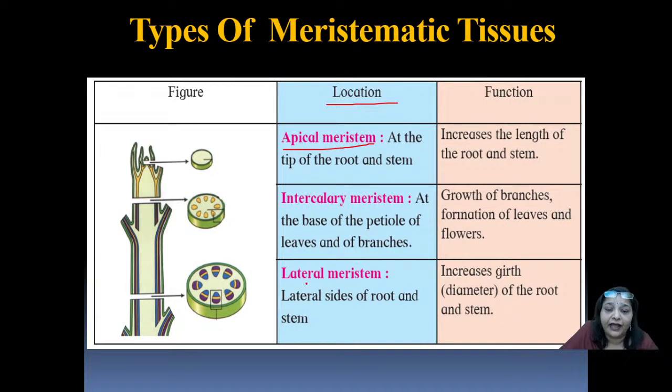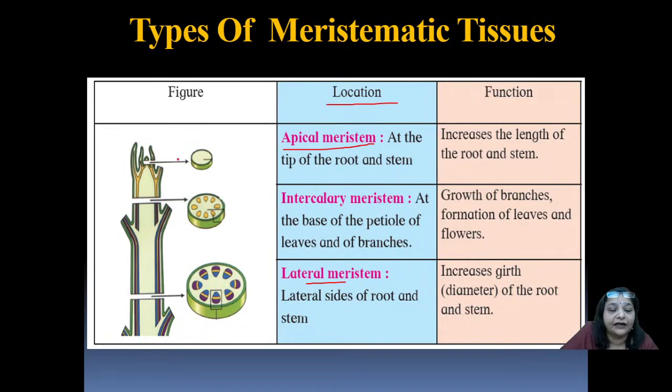Whereas the lateral meristem is located on the lateral sides of the root and the stem. It helps in increasing the girth, that is the diameter, the thickness of the plant part, whether it is root or stem. So the girth of the root and the stem increases only because of this lateral meristem.